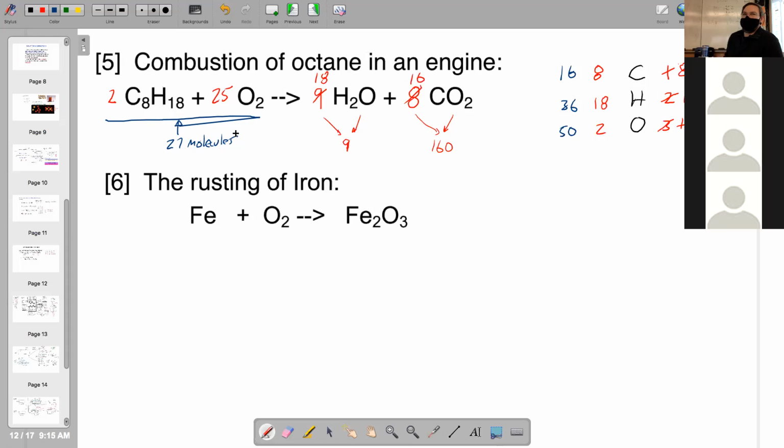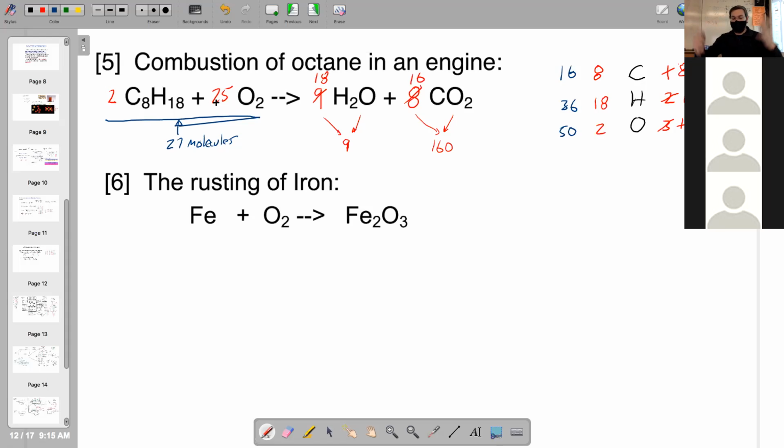You only have to buy 2 of them. The other 25 are free. You buy these 2 at the gas station. These 25, you're running into them as you're driving the car down the road. So this ratio of atoms or molecules tells you how it all has to go.